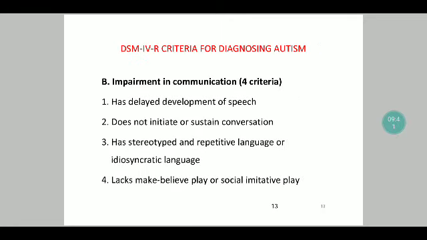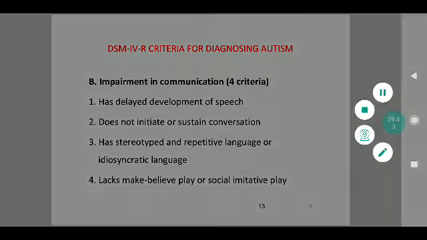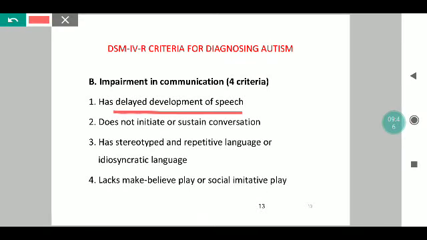Now, moving on to impairment in communication, delayed development of speech. Now, an isolated speech delay is separate but should be a back of the mind diagnosis or differential in terms of diagnosing autism. The inability to initiate or sustain conversation, or stereotypical repetitive language or idiosyncratic language.